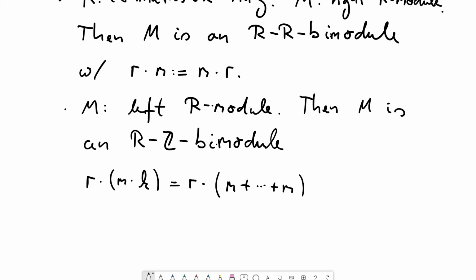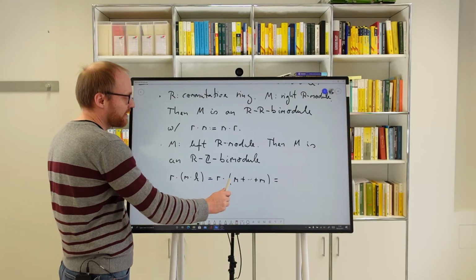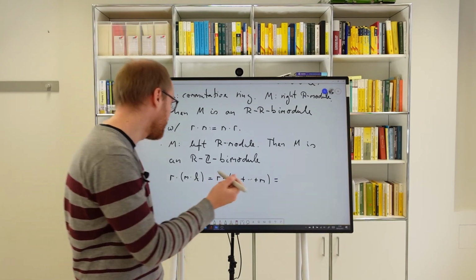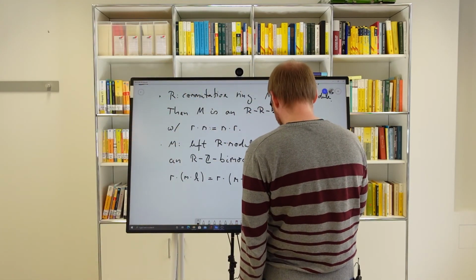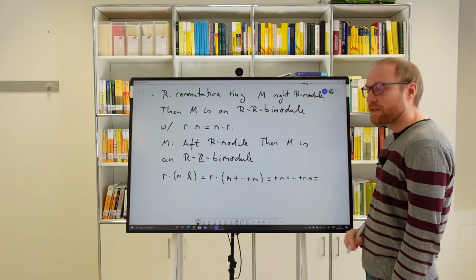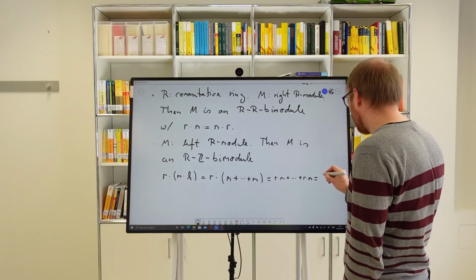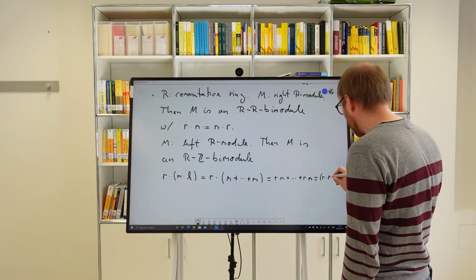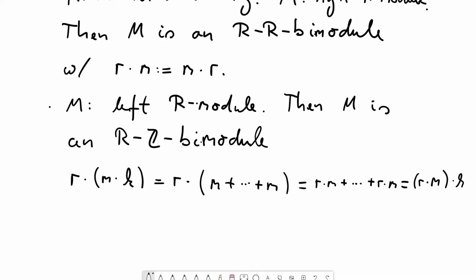And now I have the module property of this left R module here, which says I have this distributivity, that this is the same thing as just r times m plus dot dot dot plus r times m. And this, of course, now is just k times the summand r times m. So this is the same thing as if I had first multiplied r times m and afterwards multiplied by k.